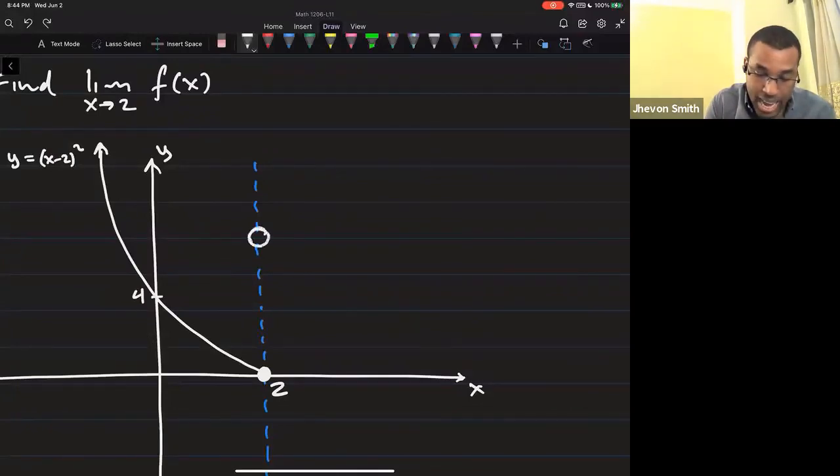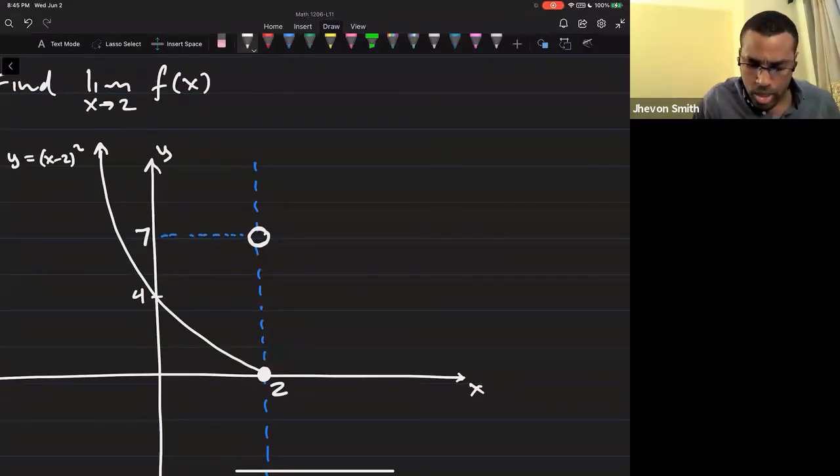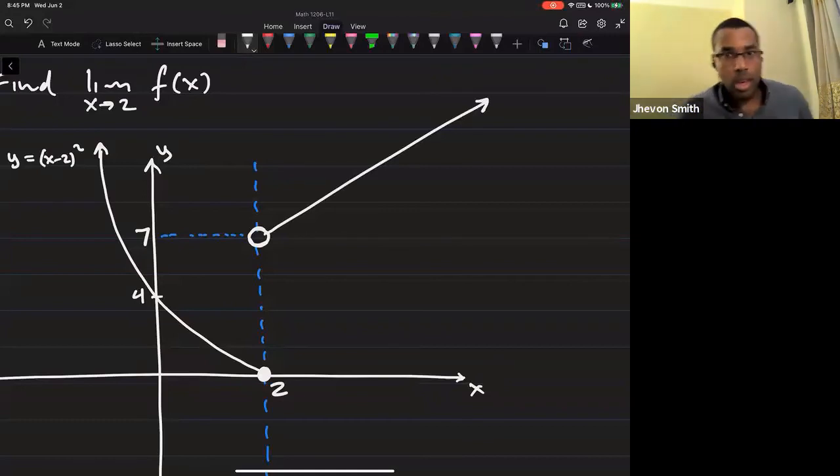Now I cannot be at 2, so I draw a hole at 7. And on the right side it's just a straight line with positive slope, so it's moving up like that. So that's the picture, right?